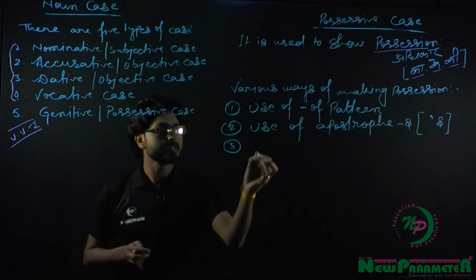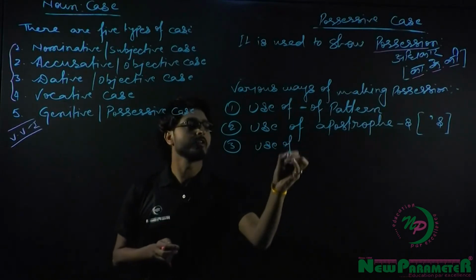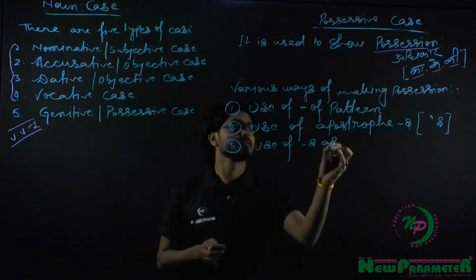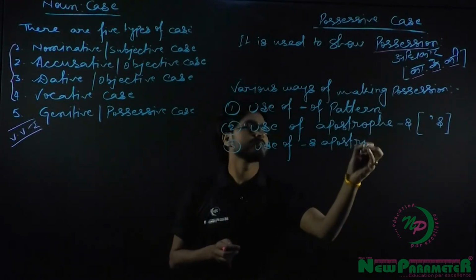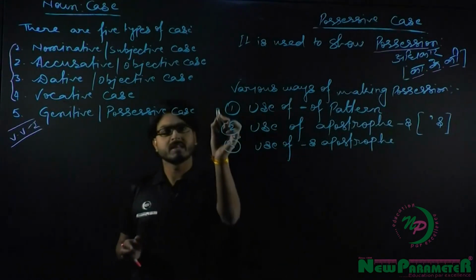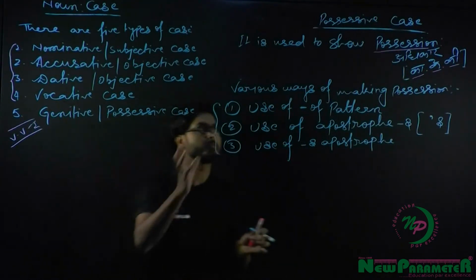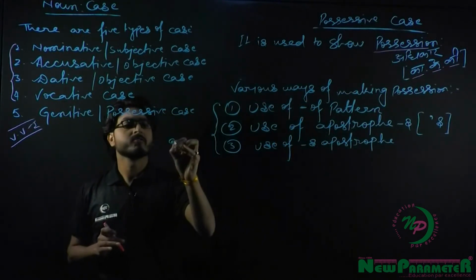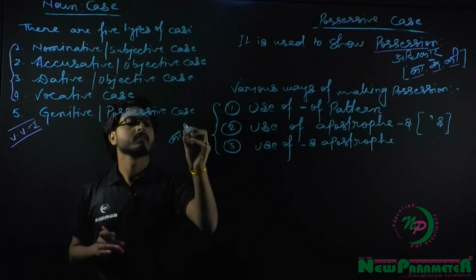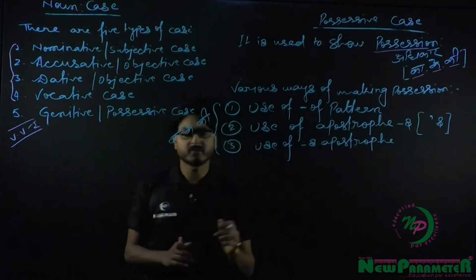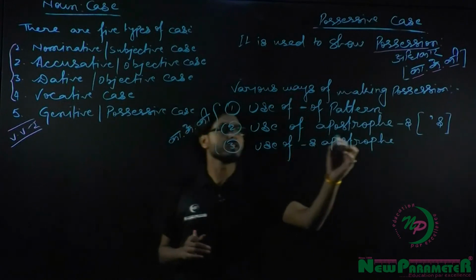And the third one is use of s apostrophe. Whenever we use all these 3 ways to show possession, all these 3 give you the sense of ka, ke, ki in Hindi meaning. So firstly, we know the use of of pattern.